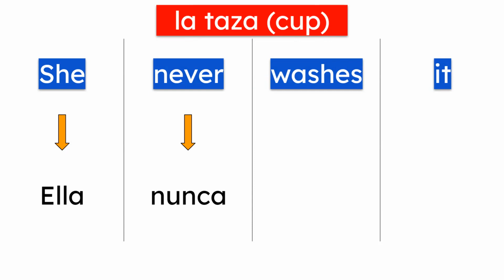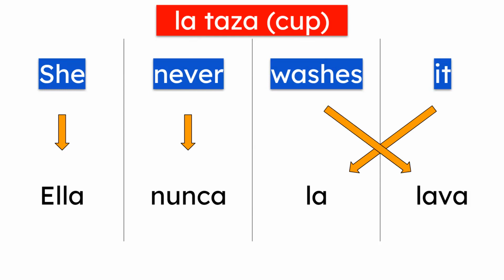That means we use la, right? Ella nunca la, the verb to wash is lavar. So ella nunca la lava. I don't know why. Okay, come on, say this sentence out loud. Muy bien. Very good.